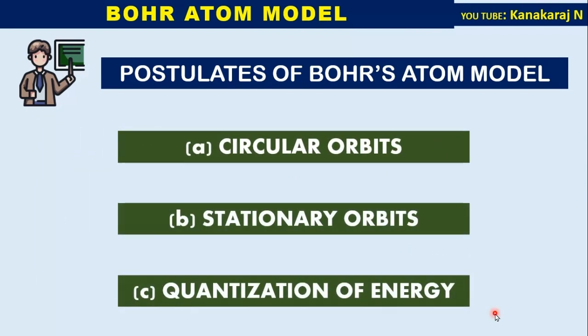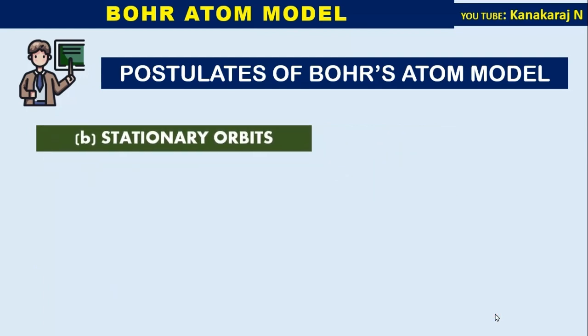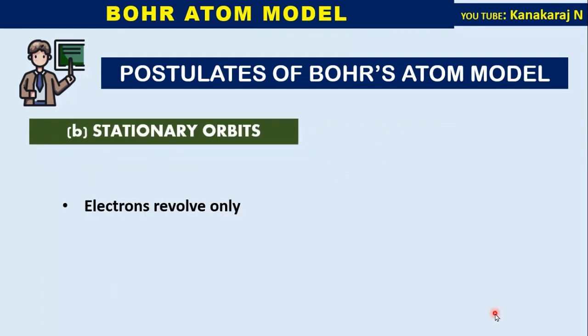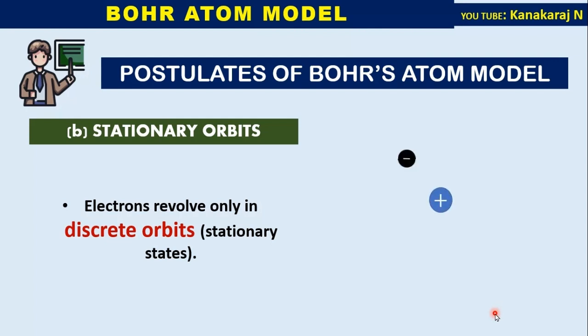The second, stationary orbits. Electrons revolve only in discrete orbits, that's stationary orbits. Nucleus, first orbit, and we call this n equals 1.